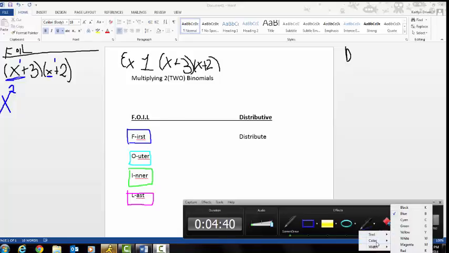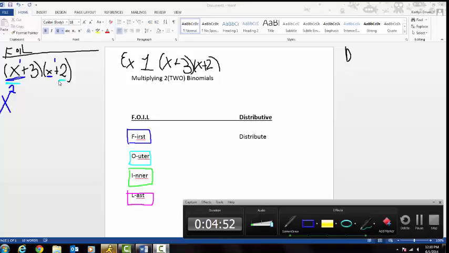Now we have cyan. Okay? And with cyan, you're going to multiply our outer terms, which is x and 2, because they are both on the outside, right up here. Okay? So x times 2 is positive 2x.